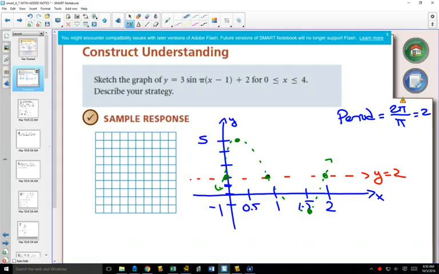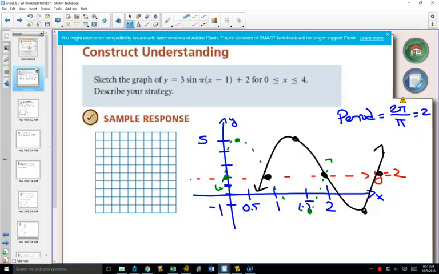So the one at 0 gets shifted to 1. This one gets shifted to 1.5. And there we have our final graph. So the green one is the graph without the horizontal translation.